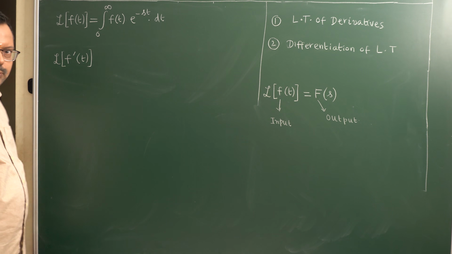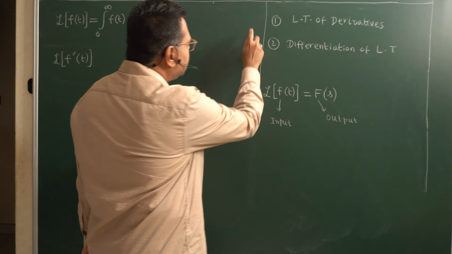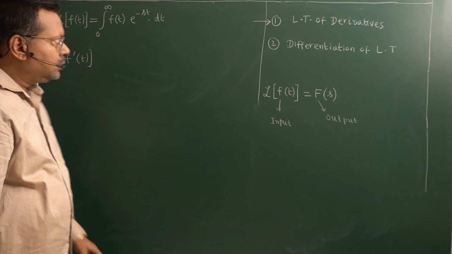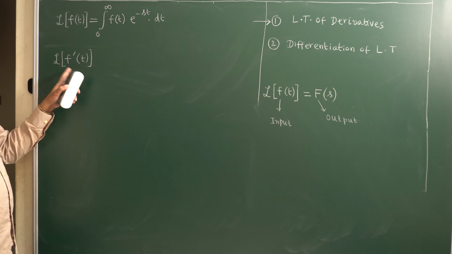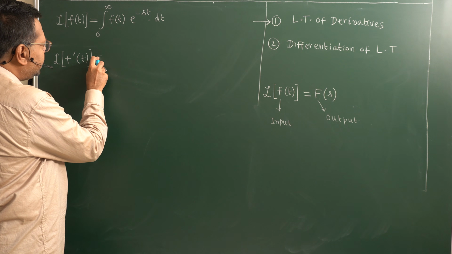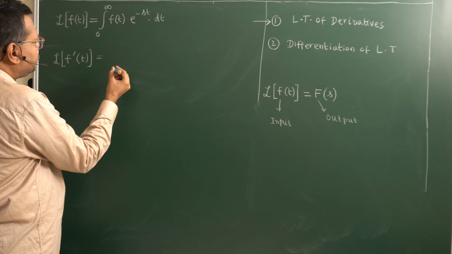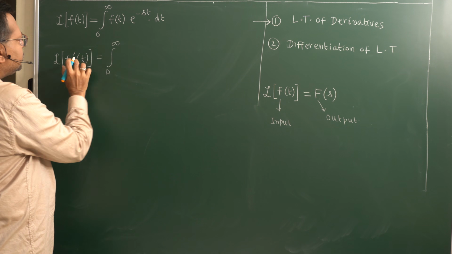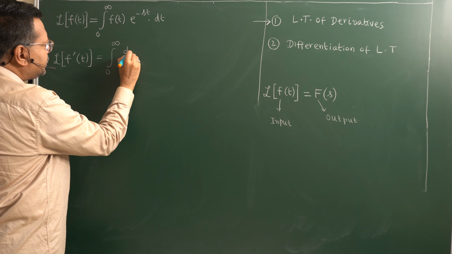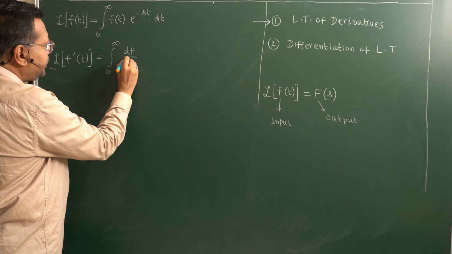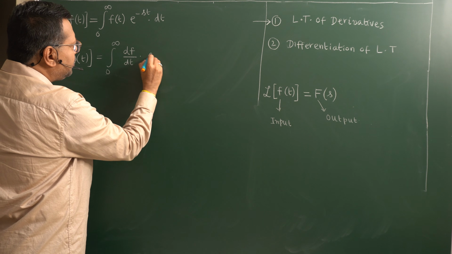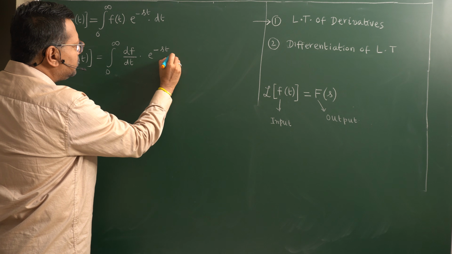That is the first one that we are going to discuss, so I'll put an arrow here. f prime of t is nothing but df by dt. So let me write this as an integral from 0 to infinity, df by dt, and then you have e to the power of minus st, then you have dt.